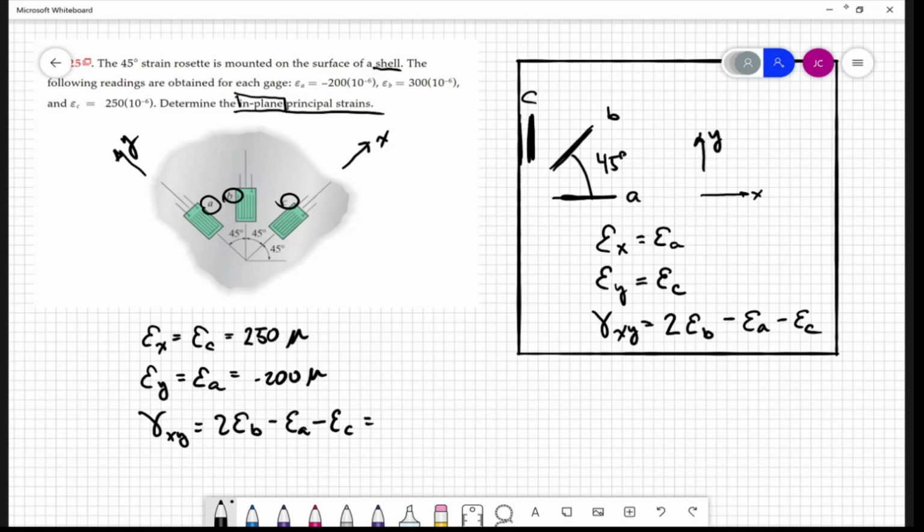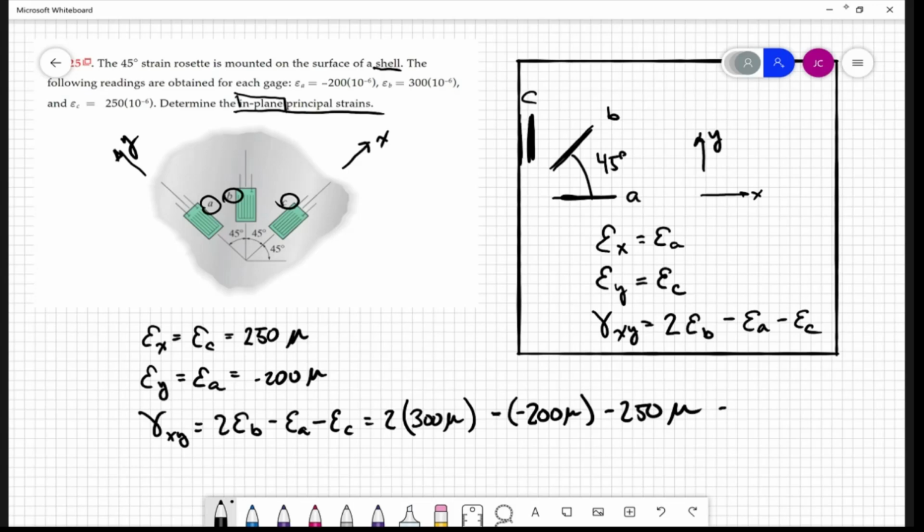And so if we do that, that's 2 times 300 microstrains minus the minus 200 minus 250.